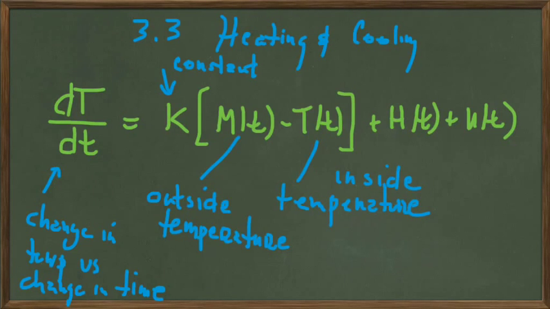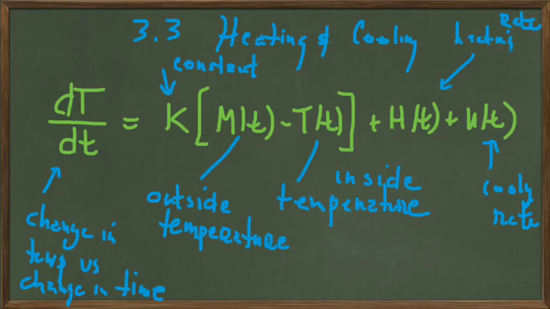And then these two quantities at the end here, H for heating rate and U for cooling rate, in all the problems that we will do, we will assume that those two rates are zero.